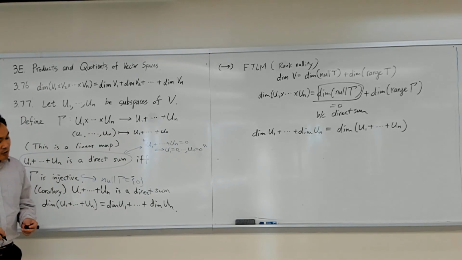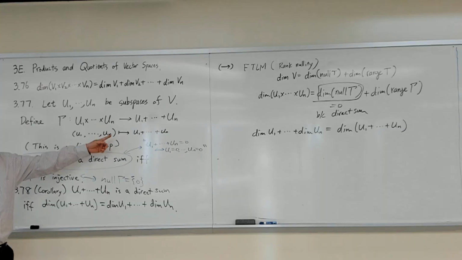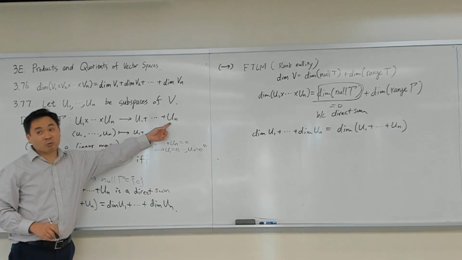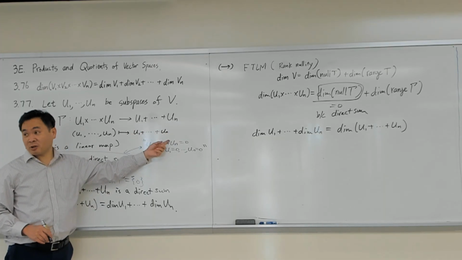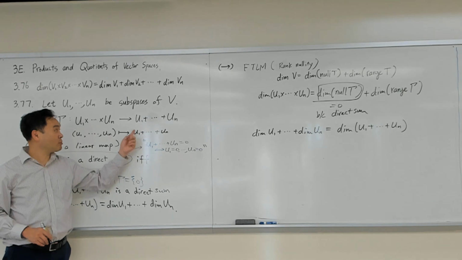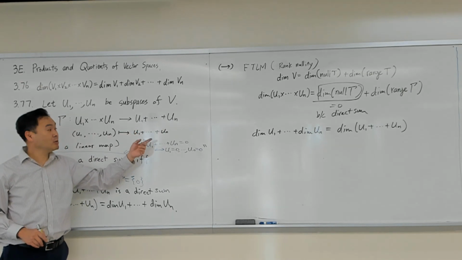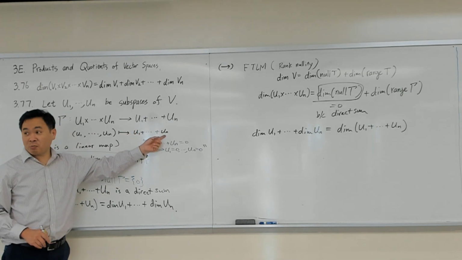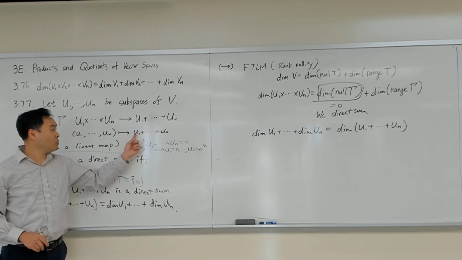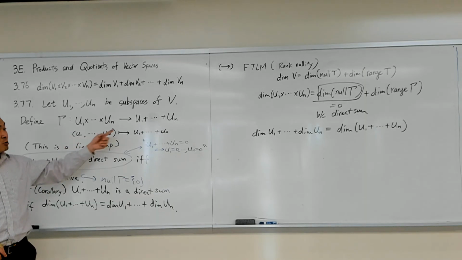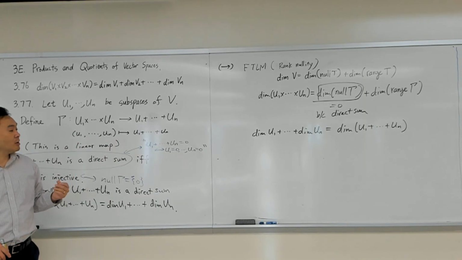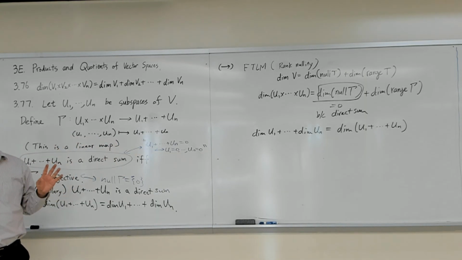What I didn't say clearly is that this gamma map is surjective, because no matter what element you take from here, they always look like this, right? Some u1 from U1 and un from UN. Whatever vector you pick from here, you can always put it into a list of vectors like that and apply gamma to it to target that. So this map is obviously surjective.